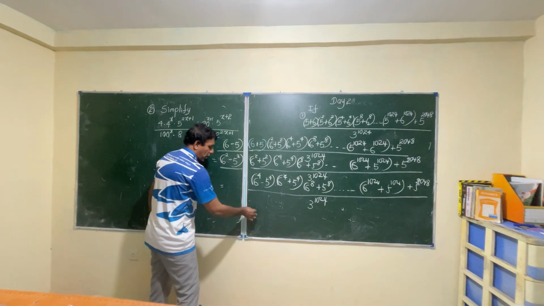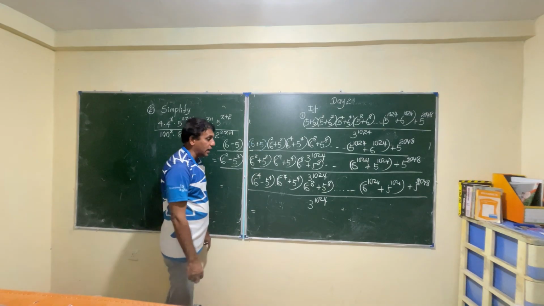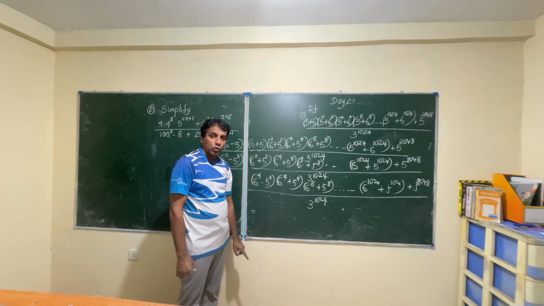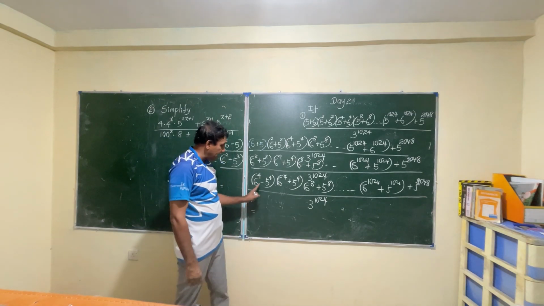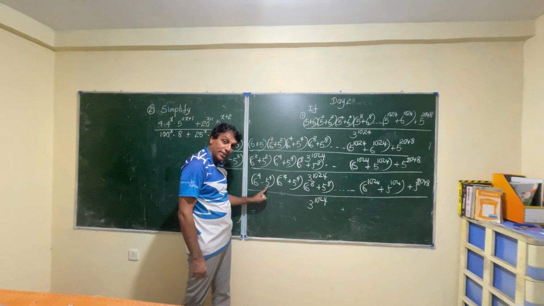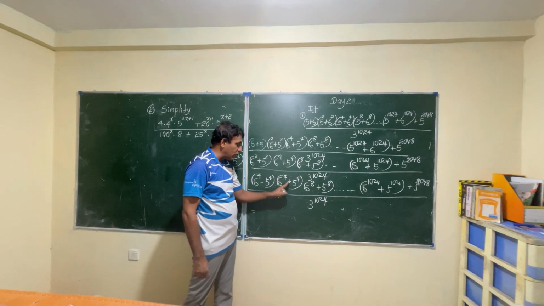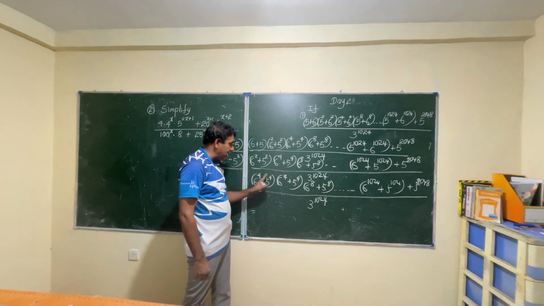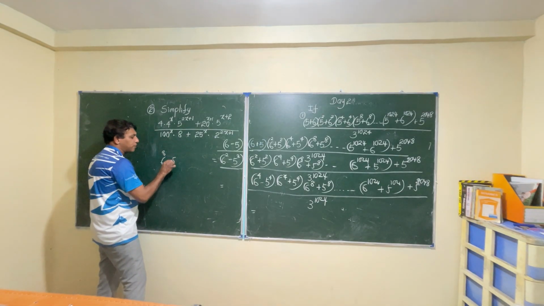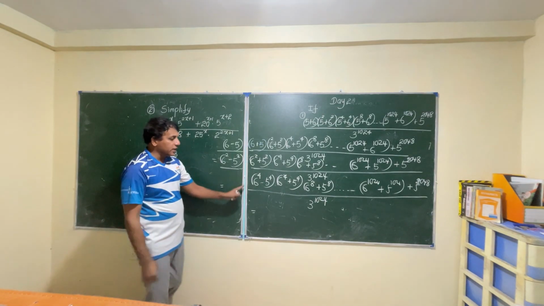Okay, right now I am going to stop this. Now again you can simplify, right? 6 to the power 4 minus 5 to the power 4, 6 to the power 4 plus 5 to the power 4, so it becomes 8. 6 to the power 8 minus 5 to the power 8. Okay.